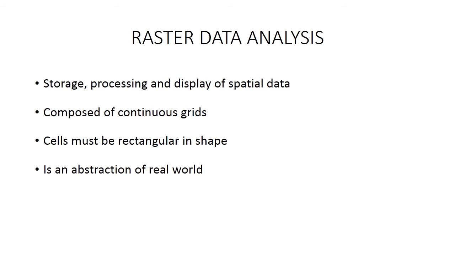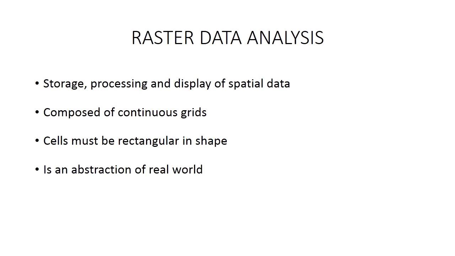In those grid cells the information about the feature, the information about the object, the values is stored, and each area is divided into rows and columns which form a regular grid structure. So, in raster data, it is divided into rows and columns which look like a regular grid structure, and in that the information is stored.